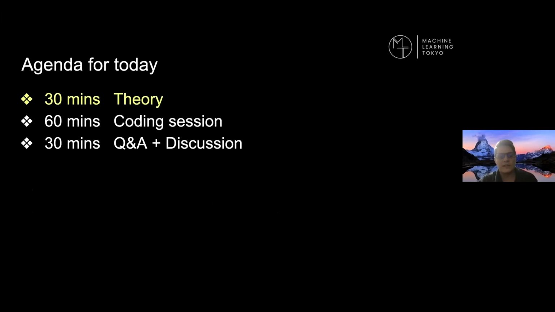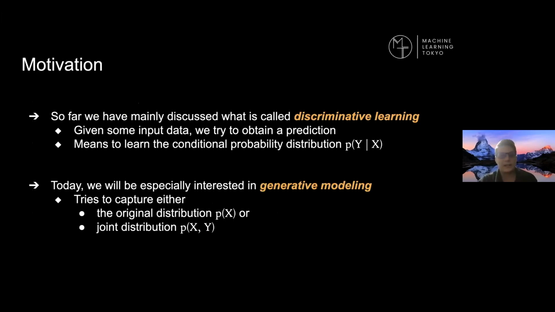So let's jump straight into the theory and think a little bit about the motivation, because so far in those sessions we have mainly done discriminative learning. What we mean by that is that given some input data, we try to obtain a prediction.